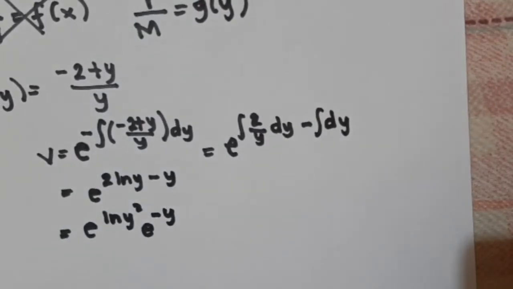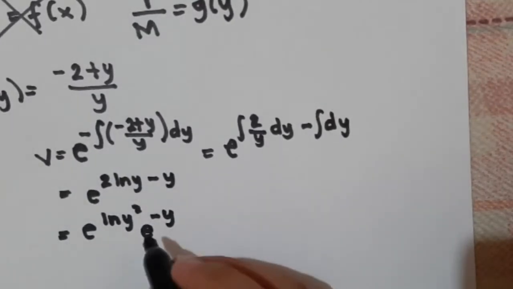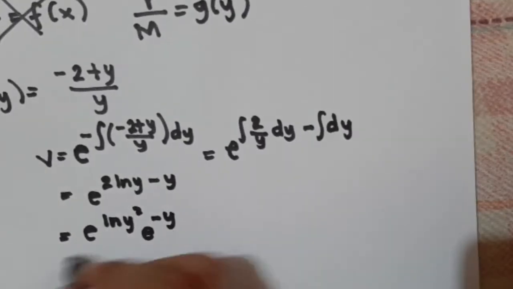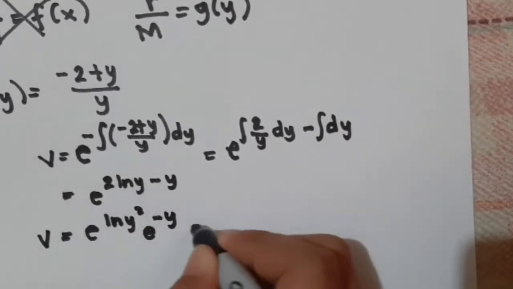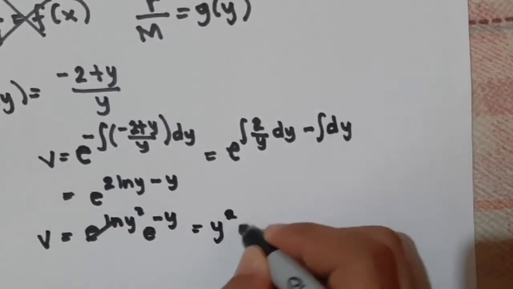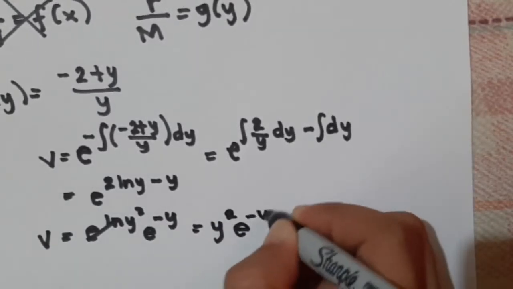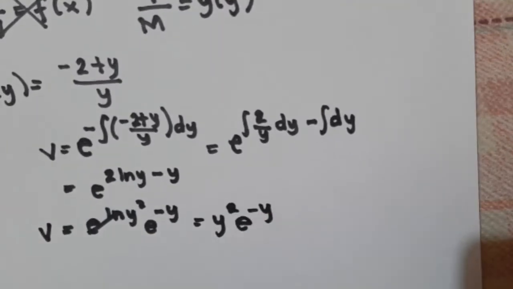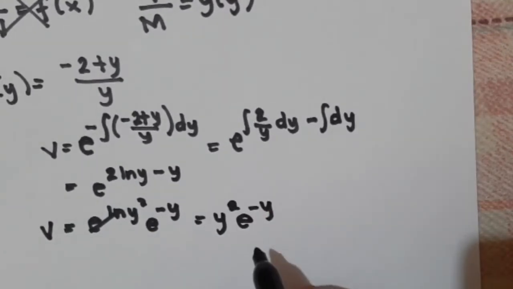Yung sa ating product. So e raised to ln y squared is equivalent to y squared. Pwede kasi maging y squared na lang yan, times e raised to negative y. So this is our integrating factor to be multiplied to our original equation.